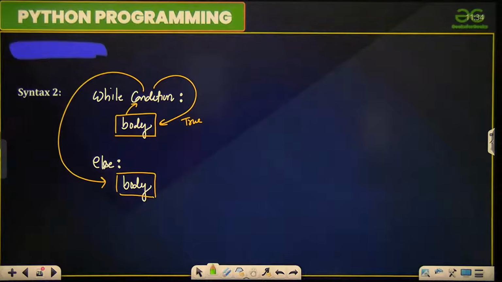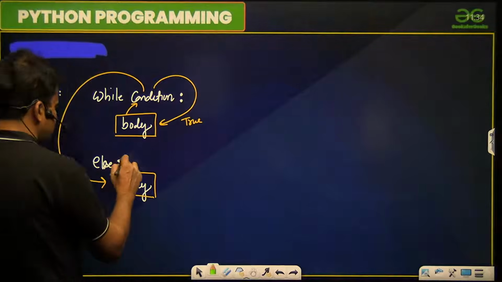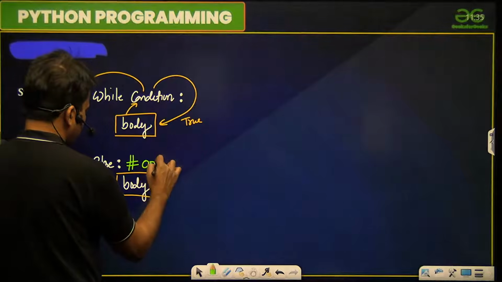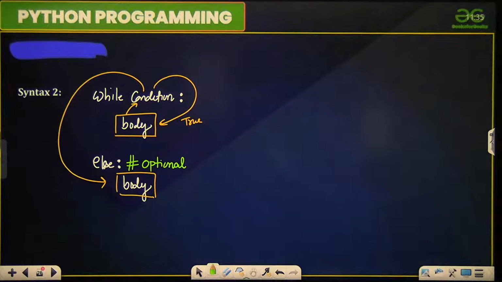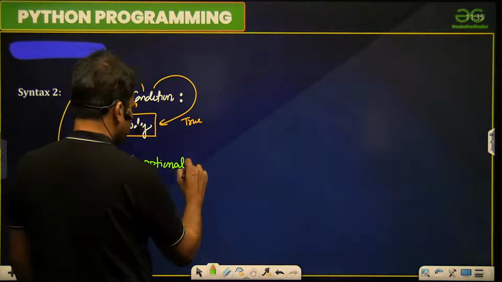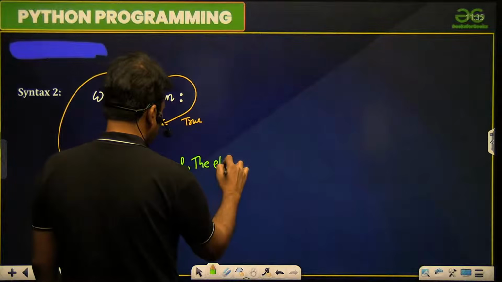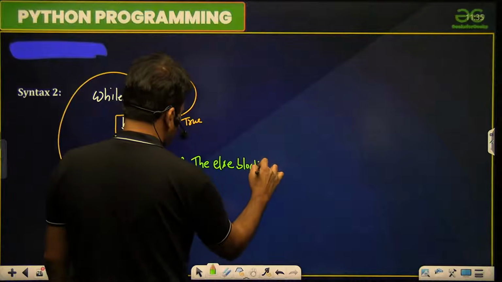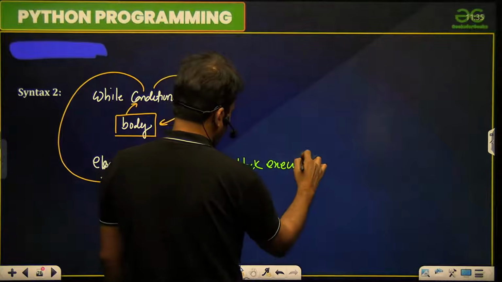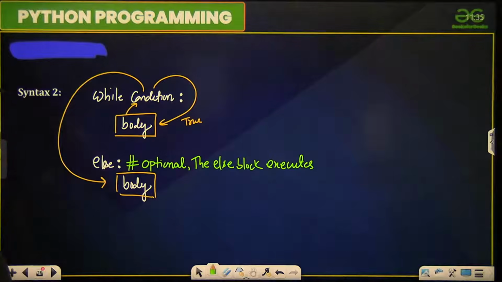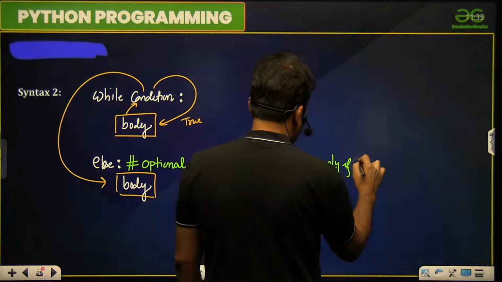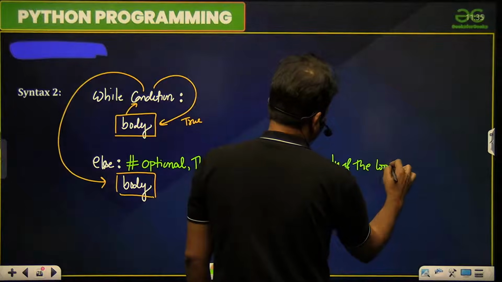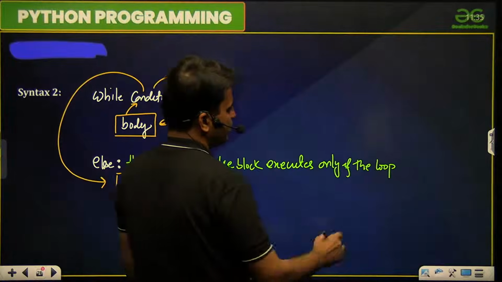The else block executes only if the loop ends normally.